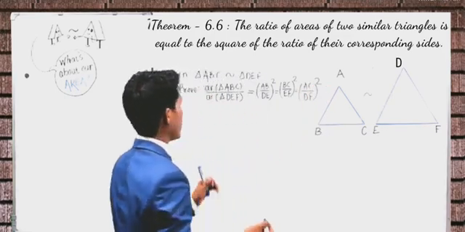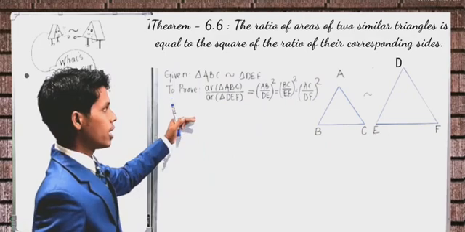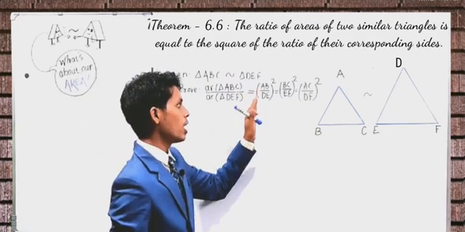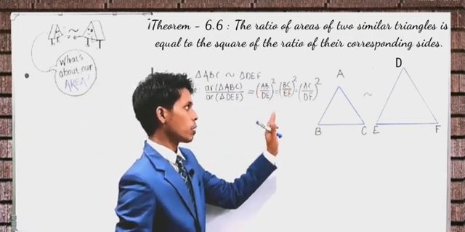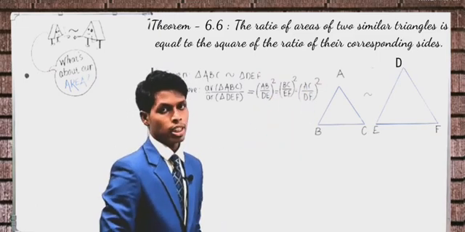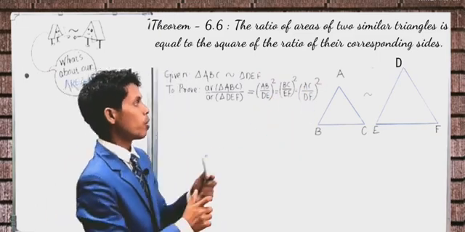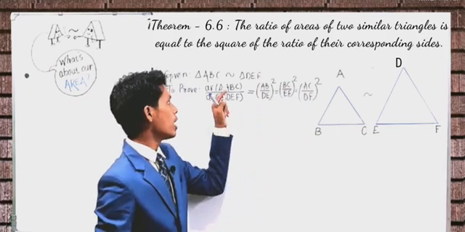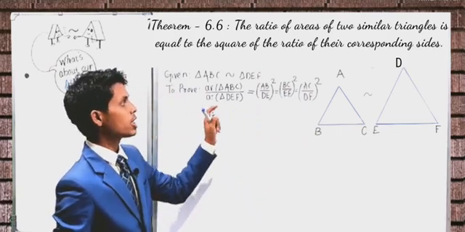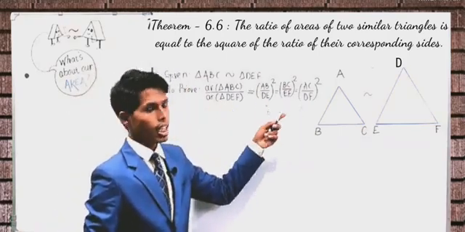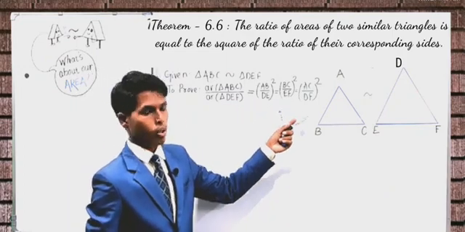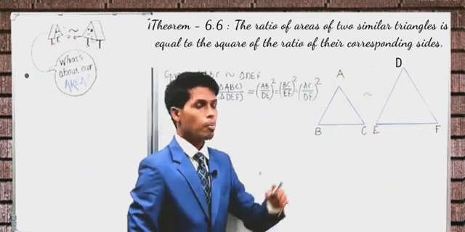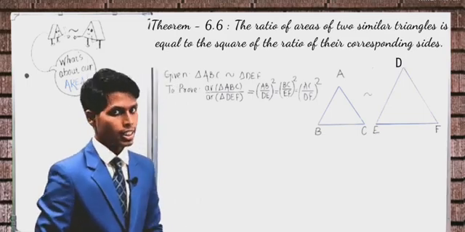So we need to prove area of triangle ABC upon area of triangle DEF is equal to the square of AB upon DE, which is equal to the square of BC upon EF, which is equal to the square of AC upon DF. We don't need to prove all three. If you prove that the ratio of the areas is equal to any one of these three, then it is ultimately equal to the other two, as we know in similar triangles the ratios of their sides are equal.